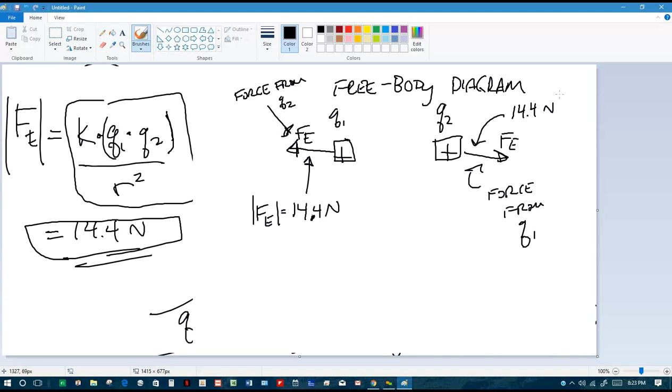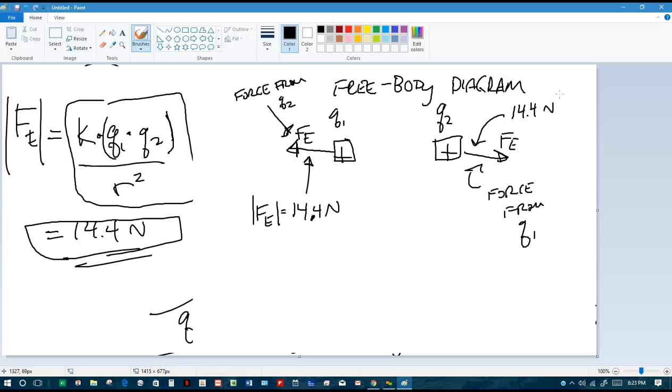The third law states that all forces in the universe felt between two things pushing or pulling on each other will always be equal in magnitude but opposite in direction. The guy on the left will feel a force of 14.4 newtons to the left. The guy on the right will feel a force of 14.4 newtons as well to the right. So they both feel the same amount of force, but in opposite directions.